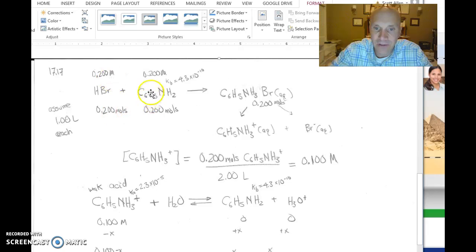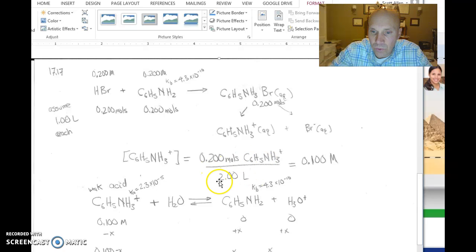That makes the math a little easier because I could just say we have 0.200 moles of this, 0.200 moles of this, and that would give 0.200 moles of this material right here. This is the conjugate acid of this weak base right here. So that's how many moles you would have.